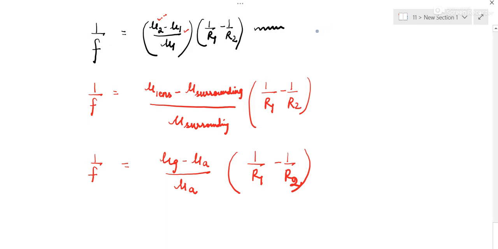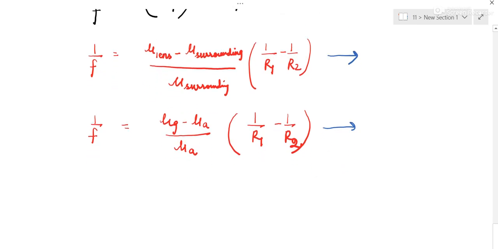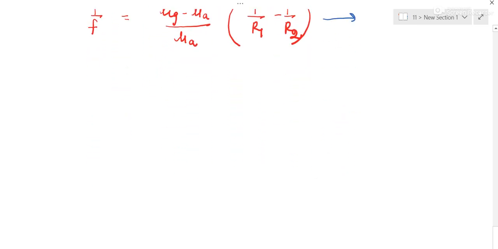You can leave it up to here or here, but this we have derived with the help of a convex surface, a convex lens. Now we'll do it for a concave lens as well, because it can come in the exam. So let us see the lens maker formula by concave lens.